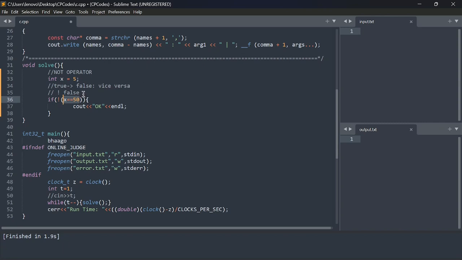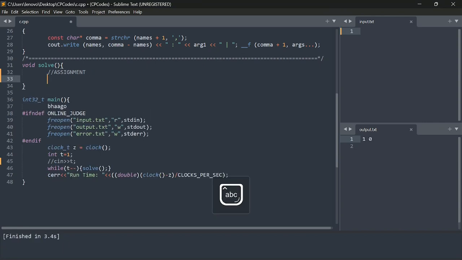So it will result in false, but we have also applied a not operator. What is the not of false? It will eventually be true. So the whole condition will result in not false, that is true. Our code block will get executed, so our expected output is okay.